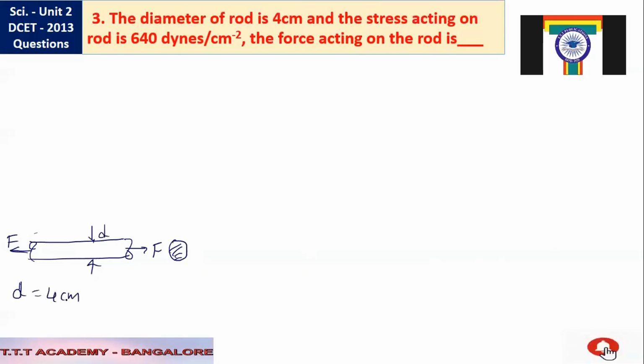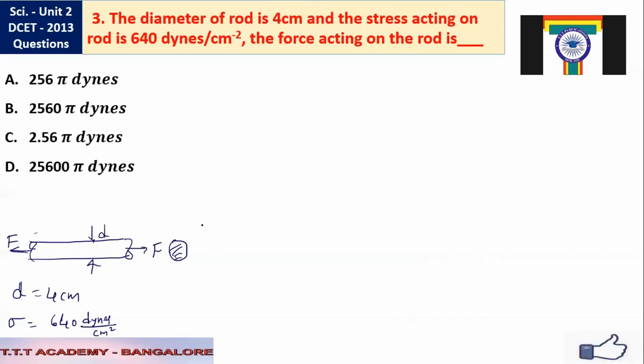The stress acting on the rod, stress is usually denoted by the letter sigma, is 640 dyne per centimeter square. So here, dear students, we need to find the force acting on the rod. We have 4 options. Before that, we need to know about stress.